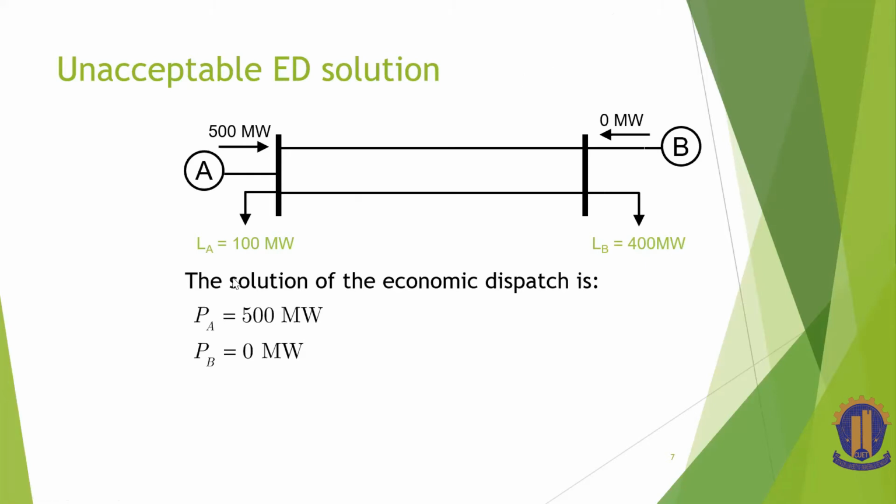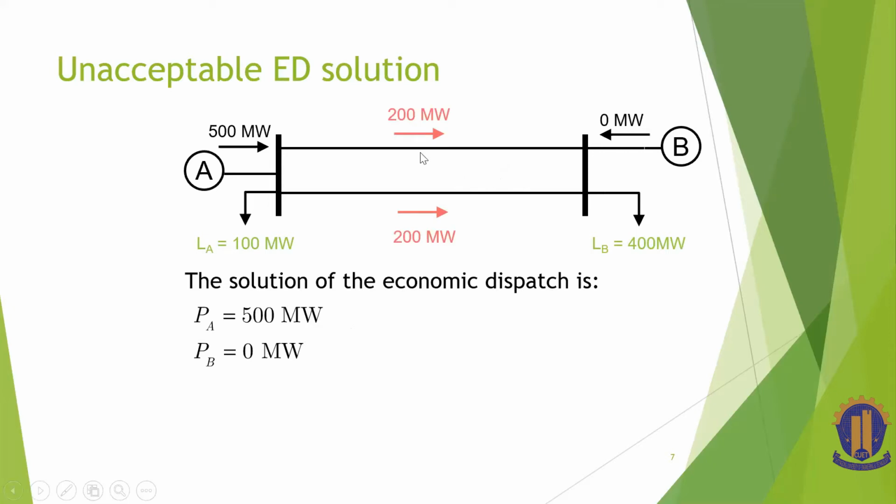So if load increases, for example 500 megawatt, with 100 megawatt load in bus A and 400 megawatt load in bus B, then the economic dispatch solution, if within the limit, will be 500 megawatt. After supplying 100 megawatt load in this bus, 400 megawatt will flow through this transmission line.